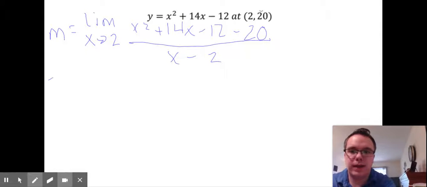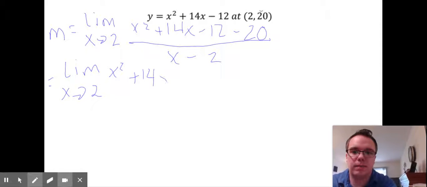So if we simplify that, we're going to get the limit as x goes to 2 of x squared plus 14x minus 32 over x minus 2.